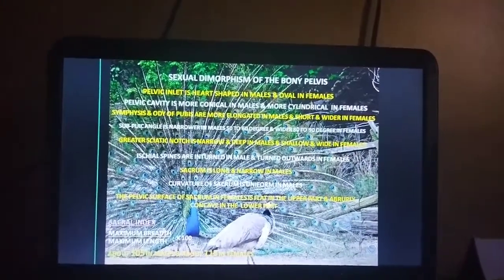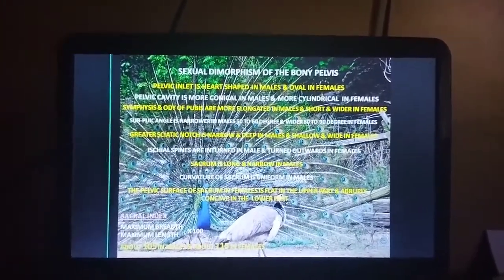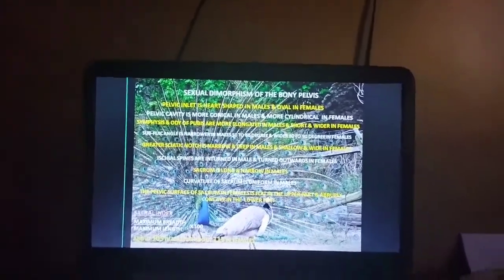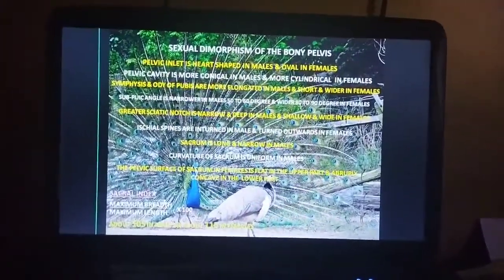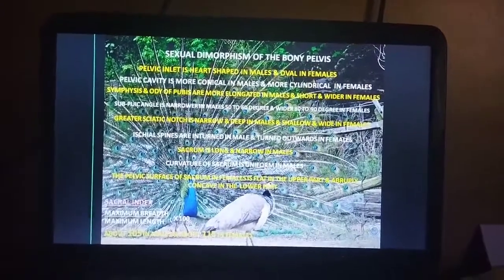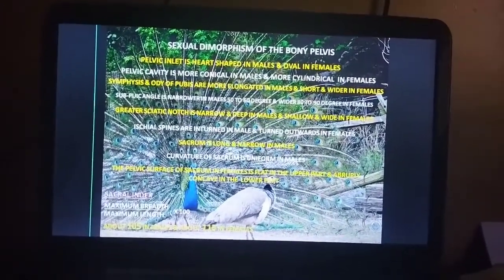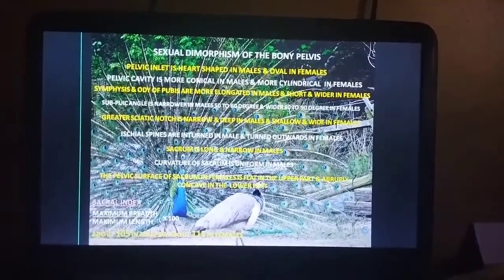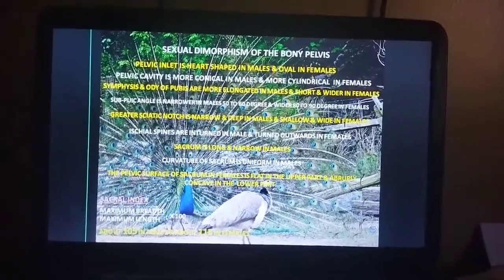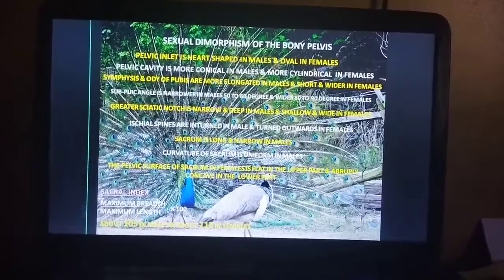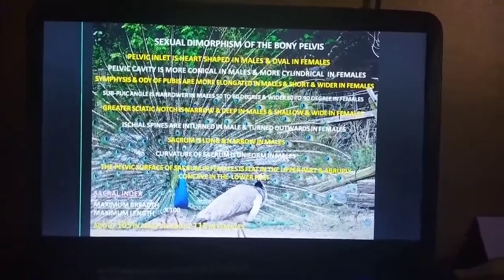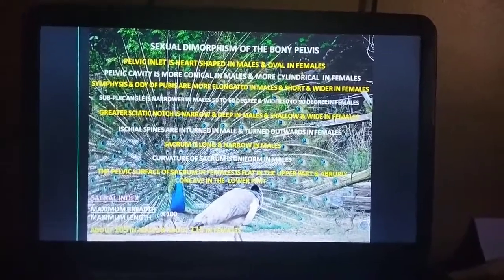So we have talked about several important things in this class. We have discussed the different parts of the bony pelvis, the diameters of the pelvic inlet, the cavity, and the pelvic outlet and their significances.